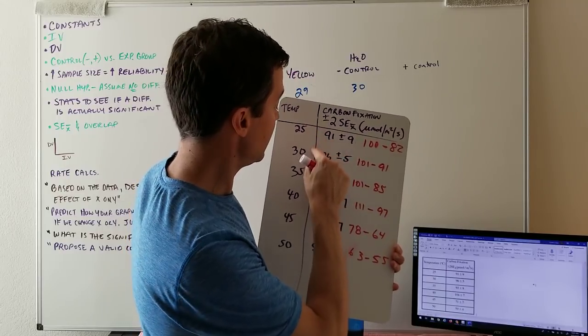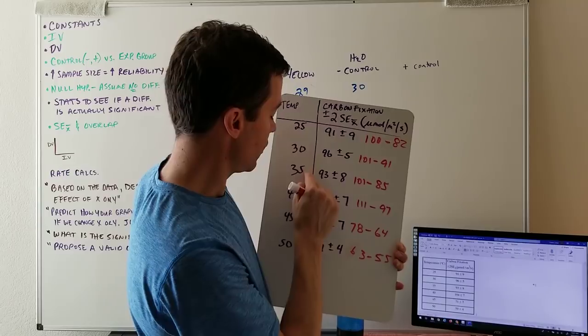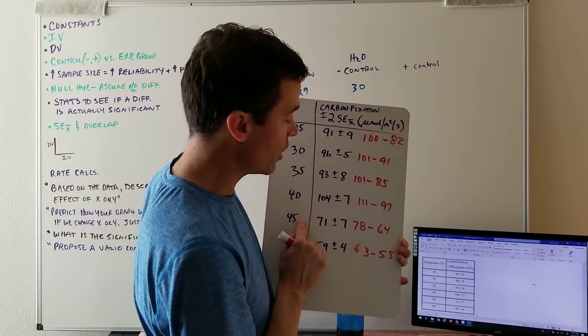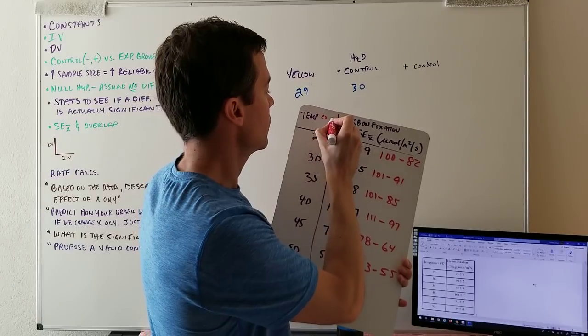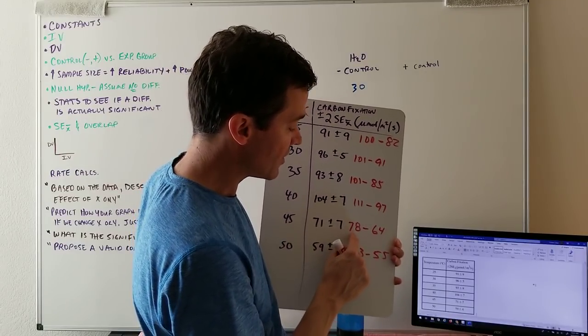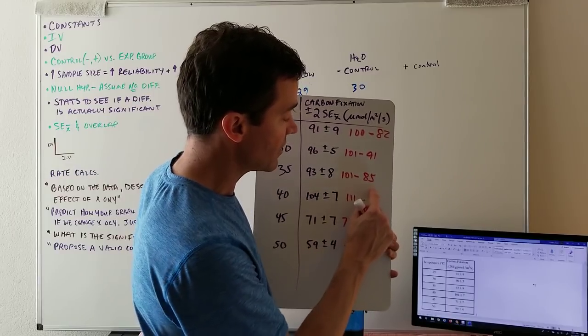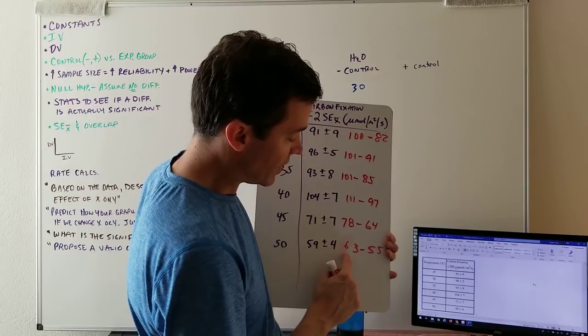So there's not a statistically significant difference between the results from temperature 25, 30, 35, and 40. But when we get to temperature 45, when it warms up that much, this is Celsius, by the way, degrees Celsius, then now the difference is significant because that 78 doesn't reach as high as that 97, that 85, and so forth. Then right here, we've got another data point that's significant.